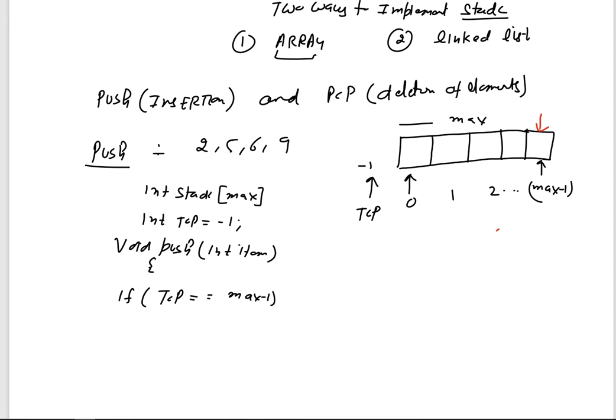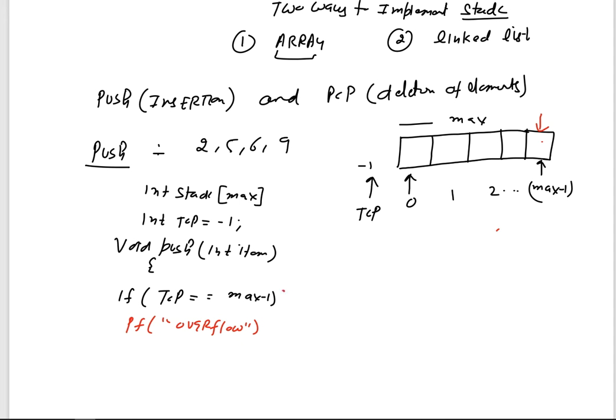If it is, it means this is the last position, and after this we do not have any space. We cannot insert the element now. So what we simply return is an overflow. We cannot insert more elements because top is pointing to the last element. So this is the overflow condition.